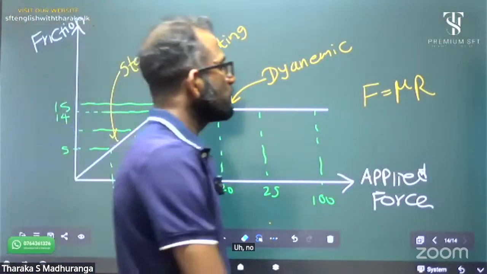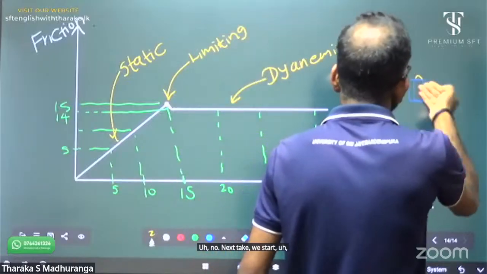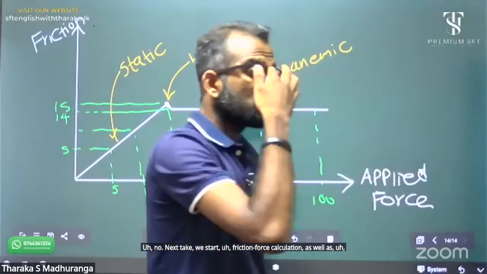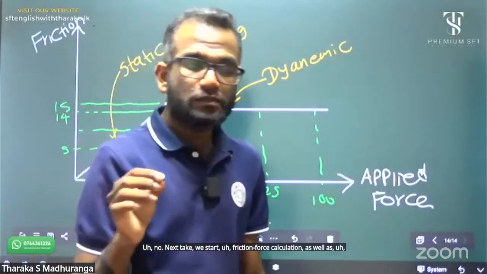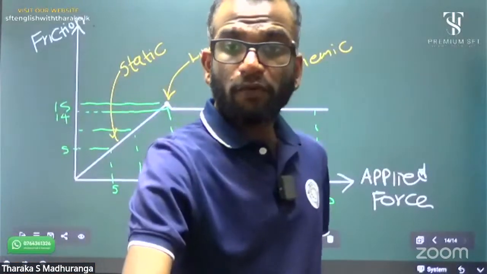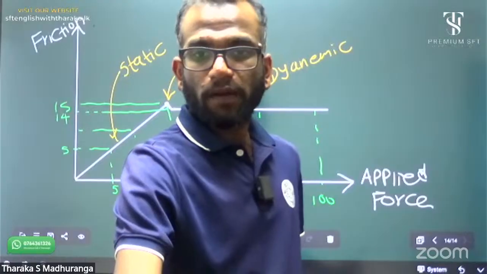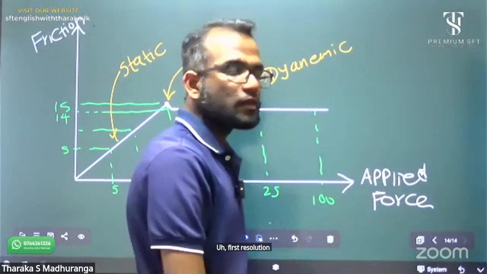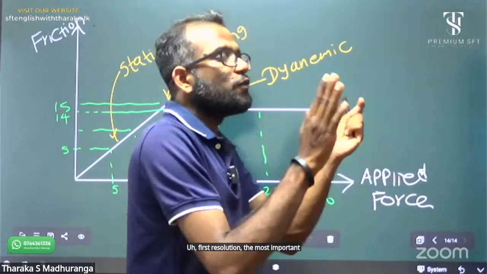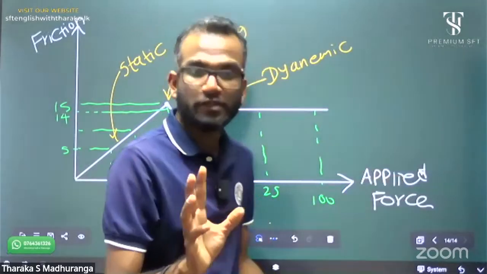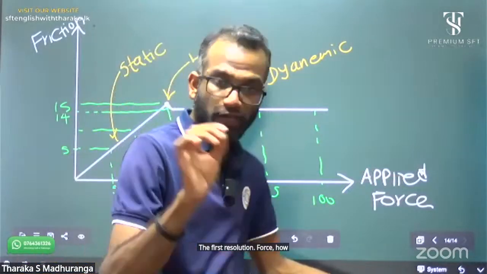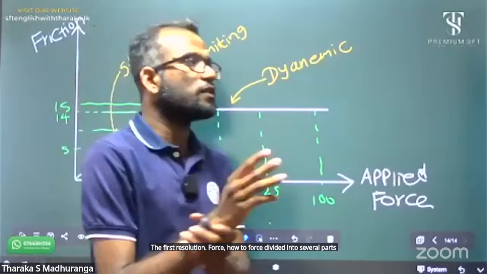No. Next week we start friction force calculation as well as force resolution, the most important part. Force resolution is how a force is divided into several parts. That is a very new part, not in O level.